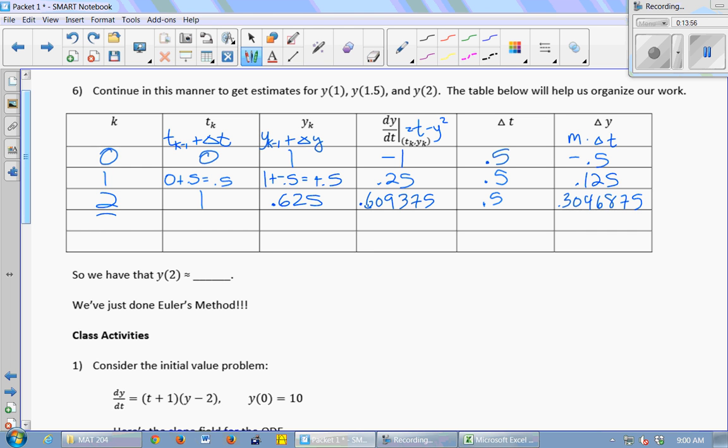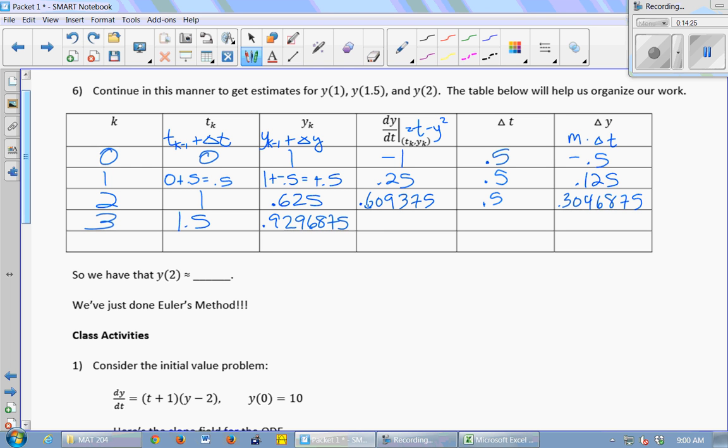All right, so step 3. Calculate a new t and a new y value. The previous t plus delta t, 1 plus a half is 1.5. And 0.625 plus 0.304, blah, blah, blah, comes out to 0.9296875.